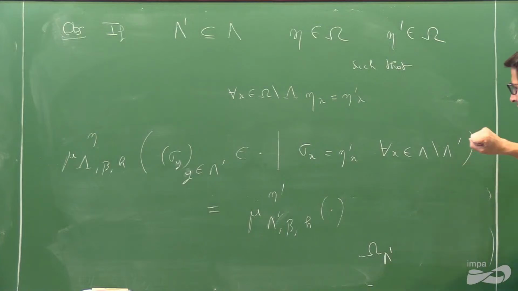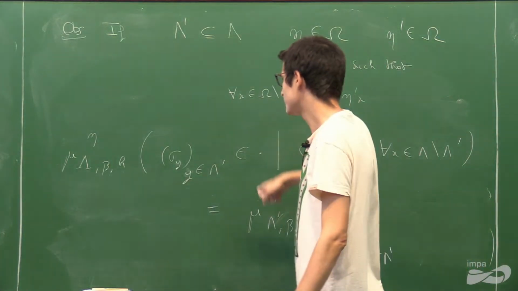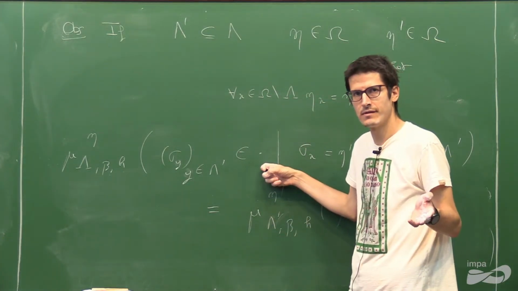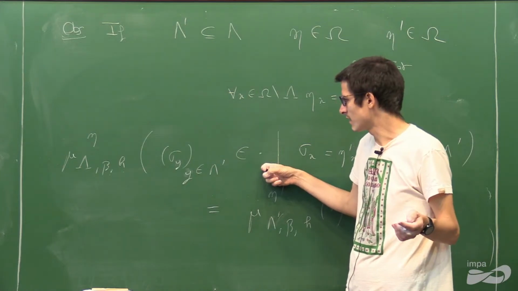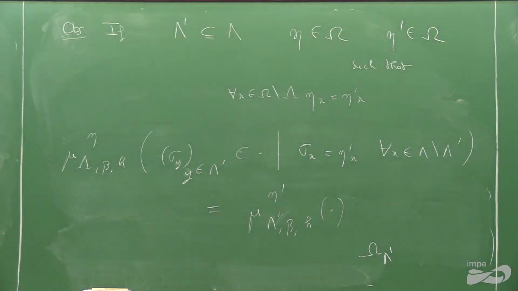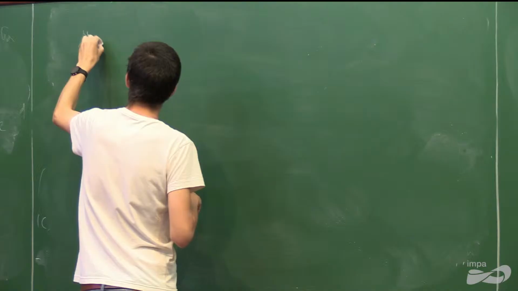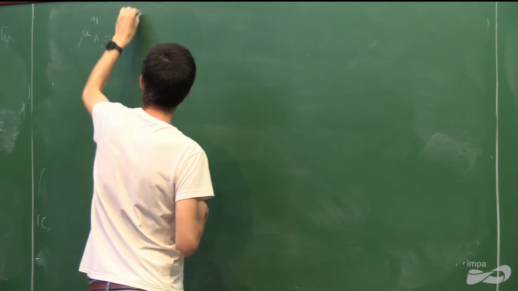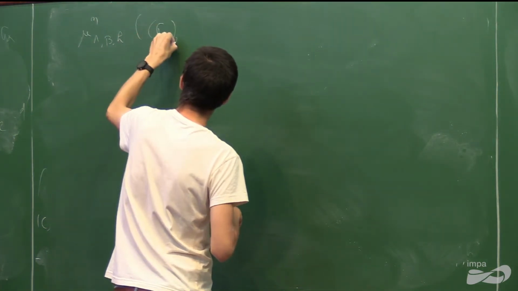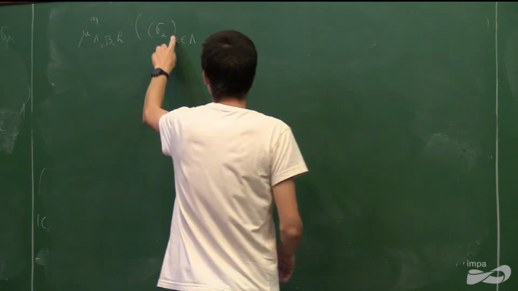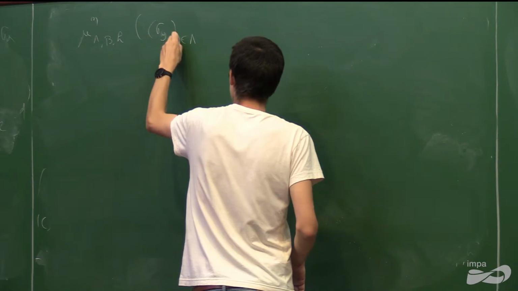What I'm going to do here is prove that these two things are equal, but I already know that this is a probability measure. So I will be looking at this thing: mu lambda beta h eta, sigma x in lambda prime, sigma y in lambda prime.